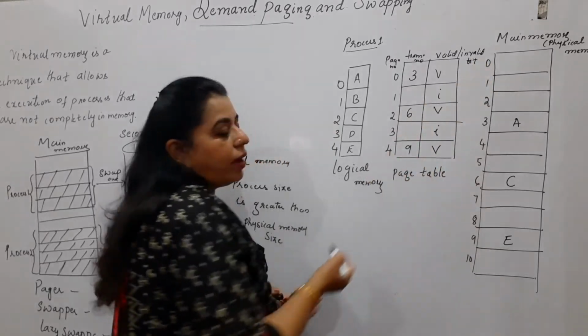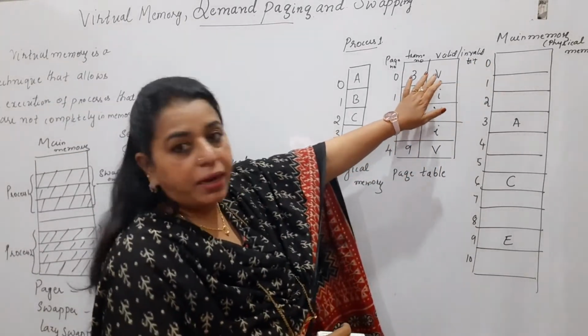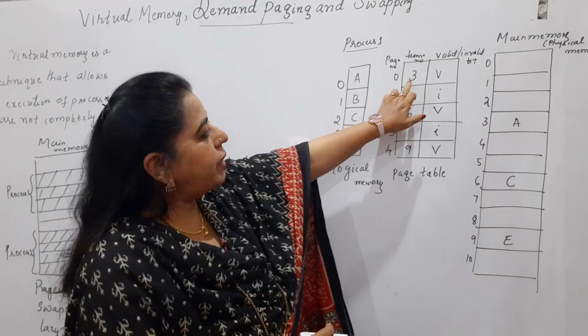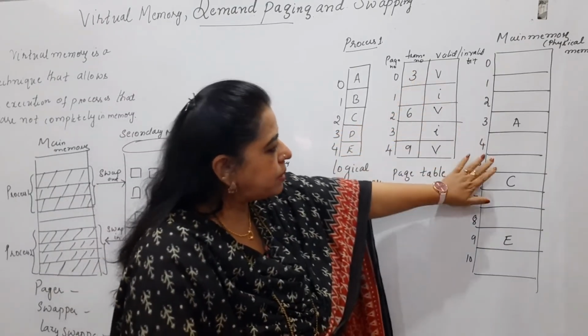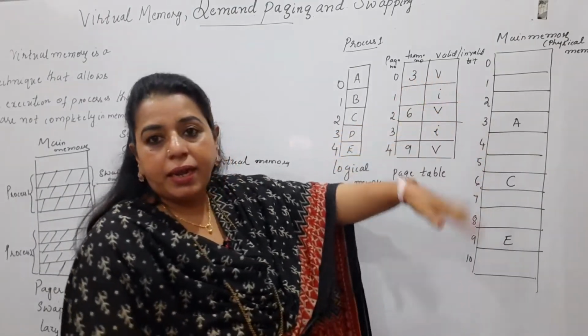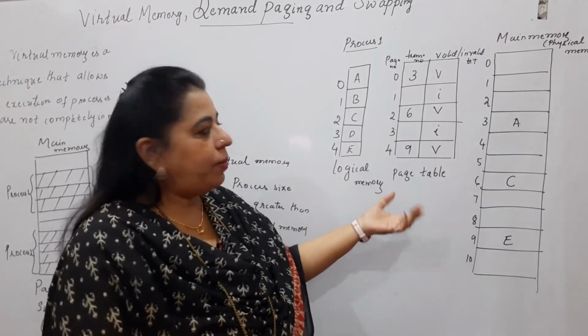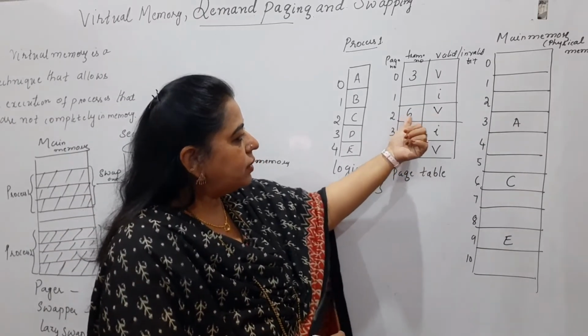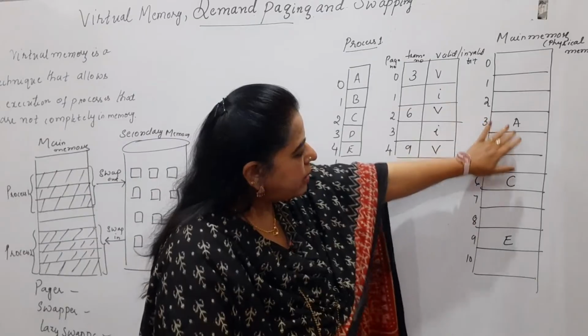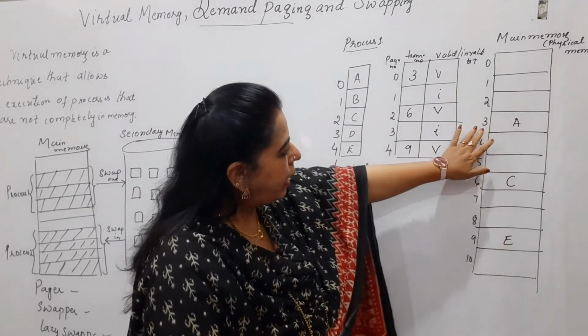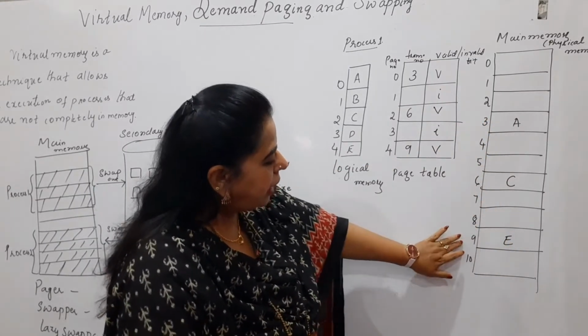What does valid and invalid bit indicate? Valid bit indicates that the page of that particular process is present in the physical memory. I indicates the page is not available in the physical memory. V indicates, so this is what, since we have placed only 3 pages in the main memory and the frame numbers are 3, 6 and 9 respectively.